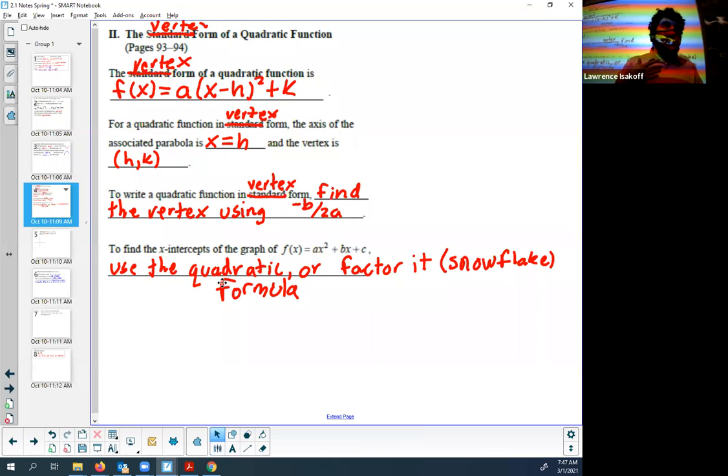So in our do nows, we're going to have that practice with factoring where we do those two sets of parentheses, like, oh, that factors x plus 2 times x plus 3 or whatever the case is.